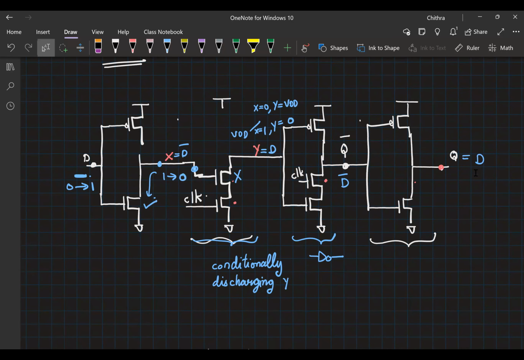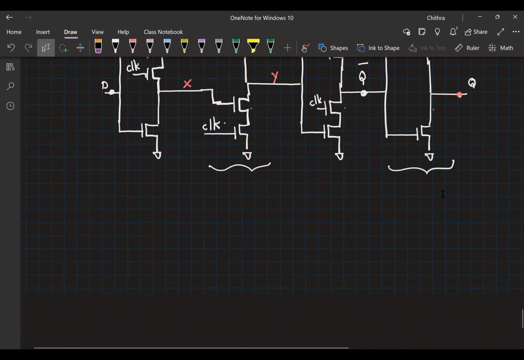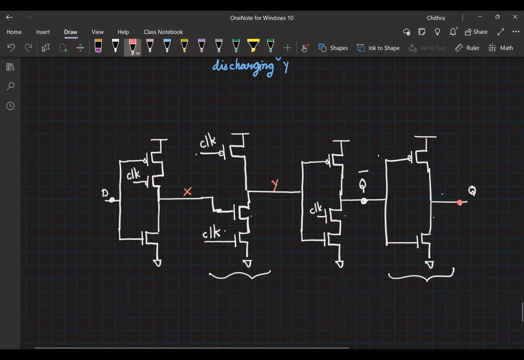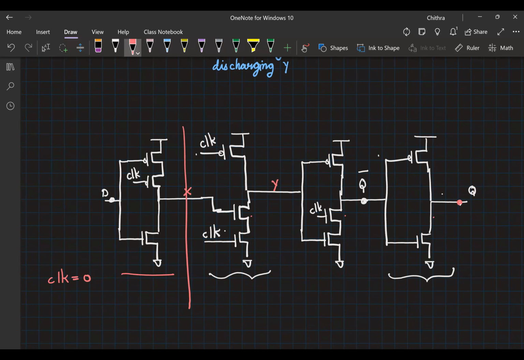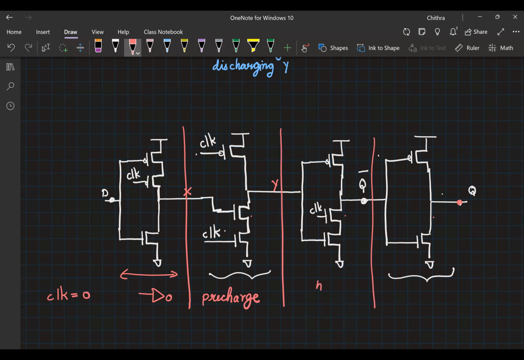You can have a 1 to 0 transition here, but it is not going to affect Y. So if I look at this whole circuit, when clock is equal to 0, this stage is simply going to act as an inverter, right? This stage is in pre-charge phase. And this is going to hold the previous value. This is also going to hold the previous value.